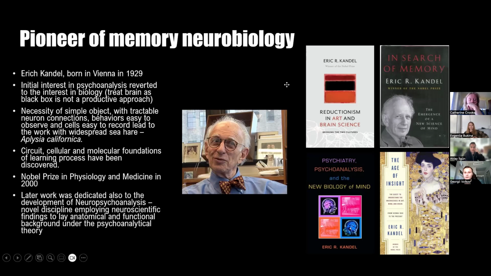As I was at some point very interested in the research of this famous scientist, I read some of his books and some of his papers, and I just wanted to make a small step aside to recommend these books that he wrote, because he was not only a great neuroscientist but also a great psychologist and psychiatrist.